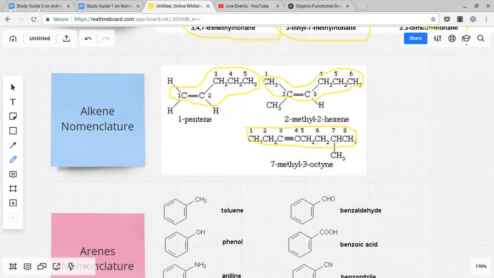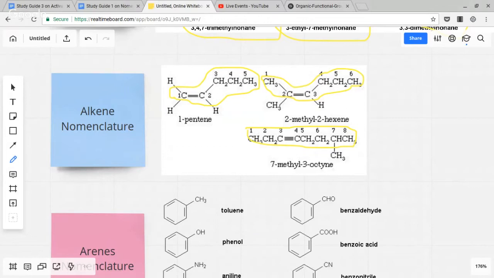So, madam, to clarify, start counting from where the double bond is. Yes, correct, DJ. Yes. But with alkanes, the ones with no double or triple bond, of course, the branch is your basis.